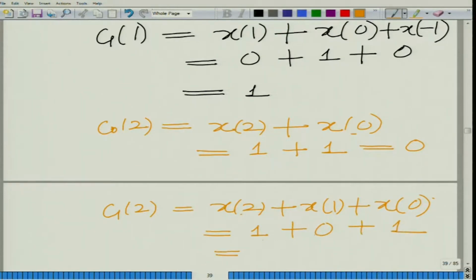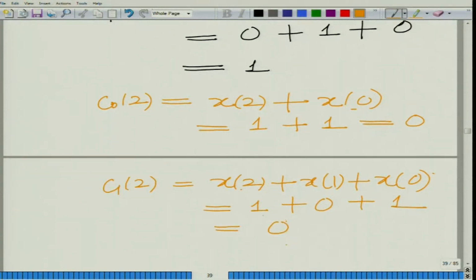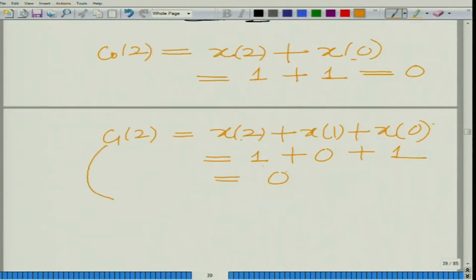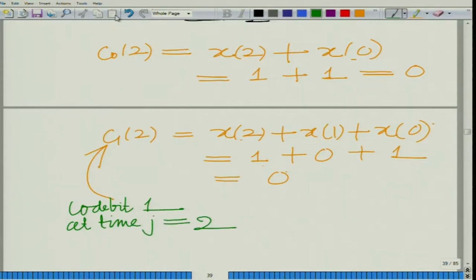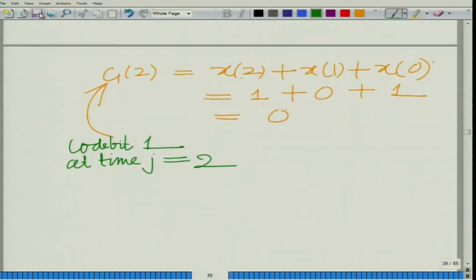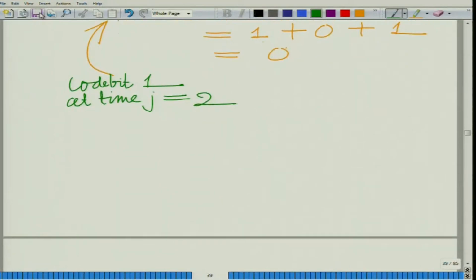Going by binary field addition, 1 plus 0 is 1, 1 plus 1 is 0, so this is 0. That is code bit 1 at time instant j equal to 2.